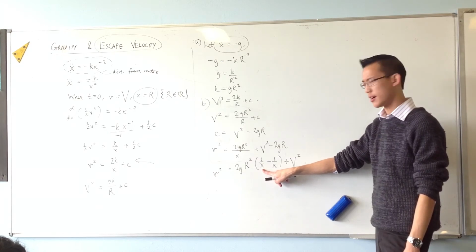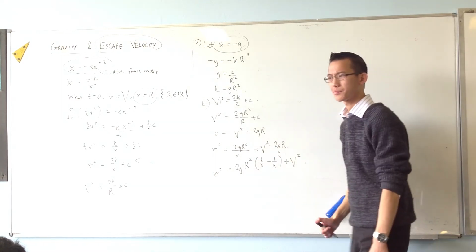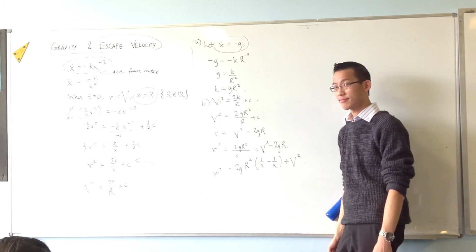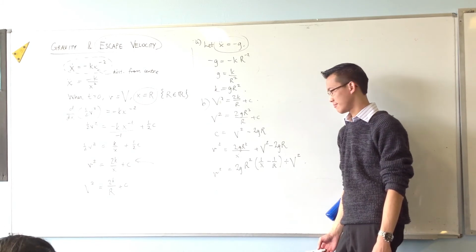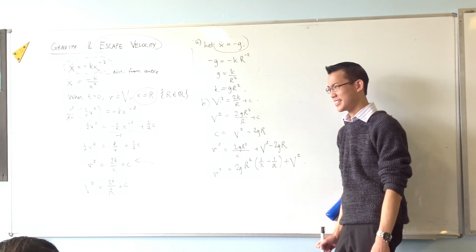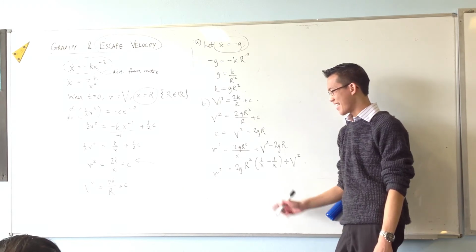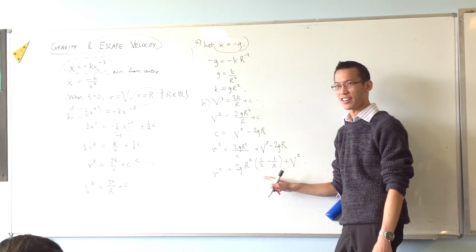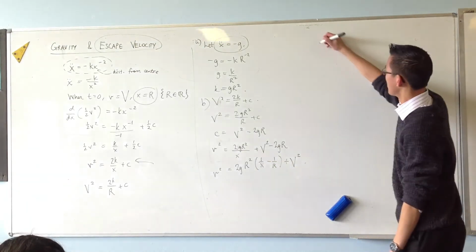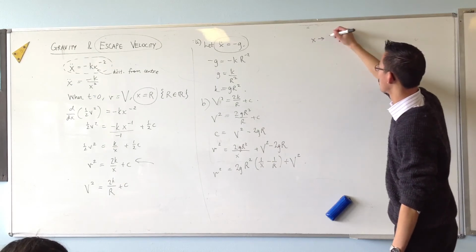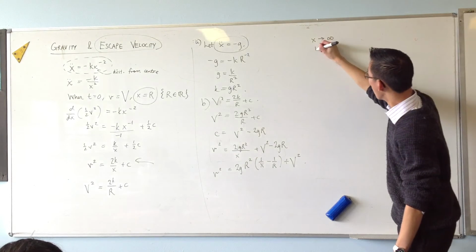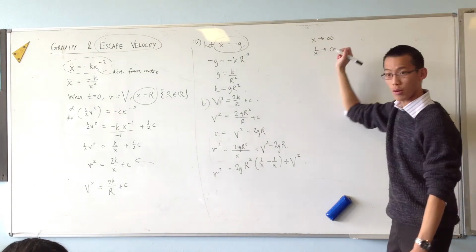Okay. What happens as x increases? As x gets bigger, how's this thing behaving? Any takers? Yeah, okay, so as x gets bigger, this thing is actually decreasing. So let's write it like this. As x approaches infinity, as we get further and further away, 1 over x is approaching 0.